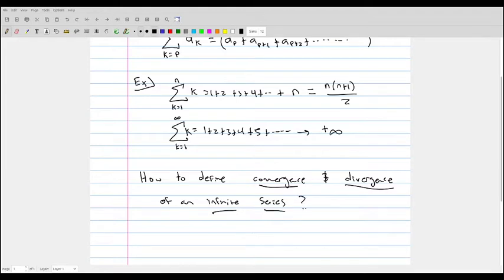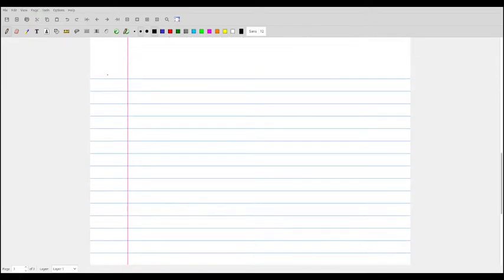And the main way forward for this is going to be the following. We are going to pull on our information from sequences. Specifically, we know the definition for the convergence of a sequence. So what we're going to do is determine a very special sequence that's related to a given series.